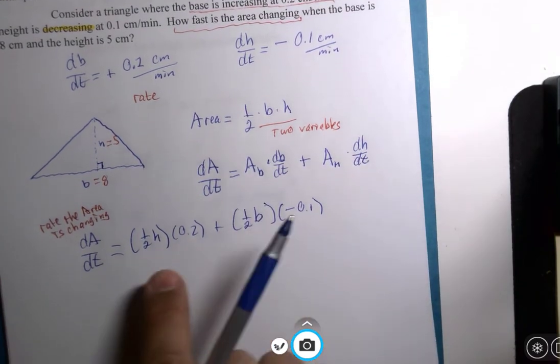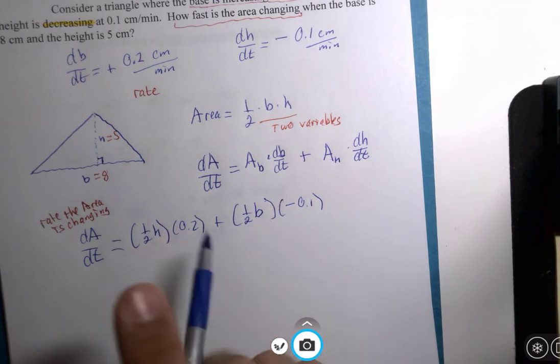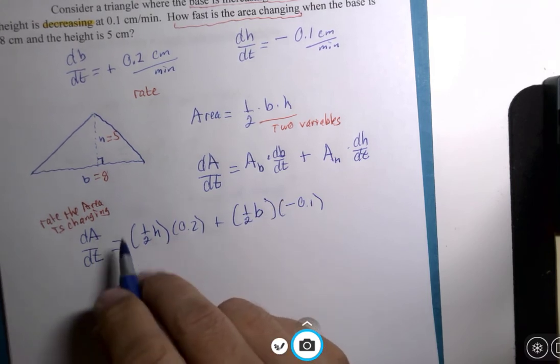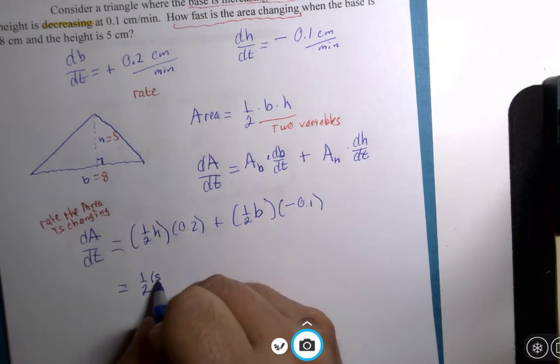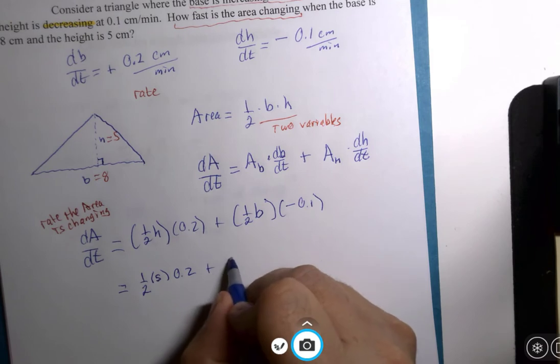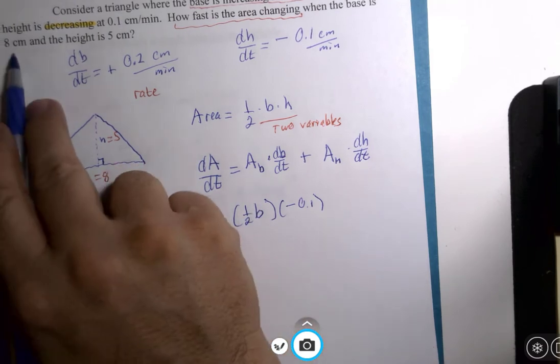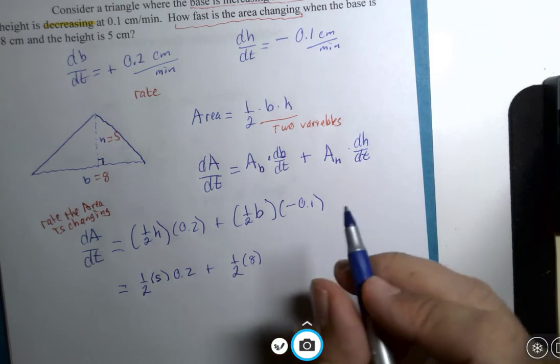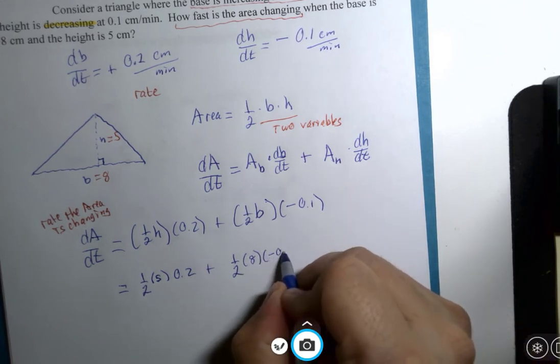So we've got our derivatives here. Now let's plug in what we have. We have 1/2 h is 5, 0.2, 1/2 base is 8, and negative 0.1.